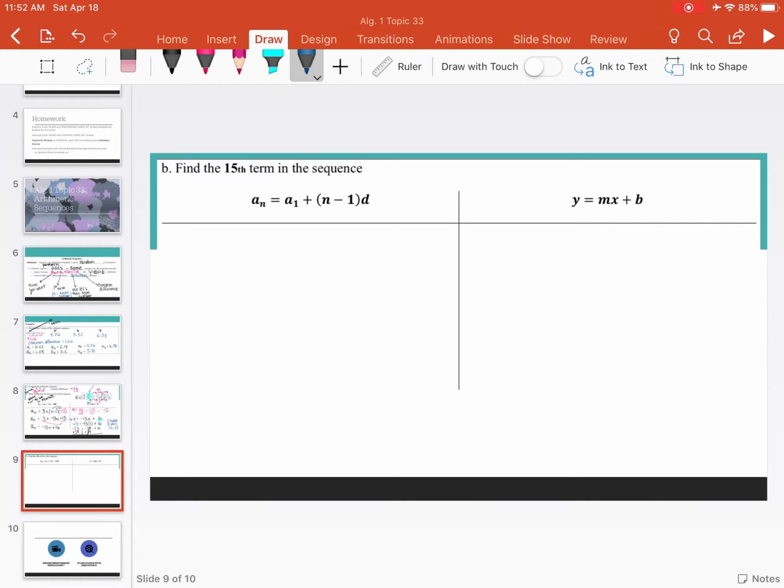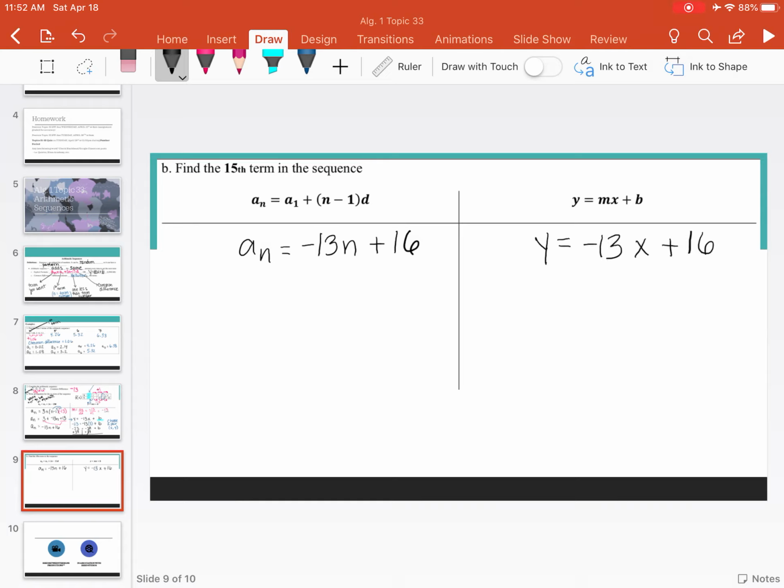So what we can do here is use the formula that we have in part A and plug it in. I'm going to rewrite these formulas that we determined in part A. We had a sub n equals negative 13n plus 16, and in slope-intercept form, we had y equals negative 13x plus 16.